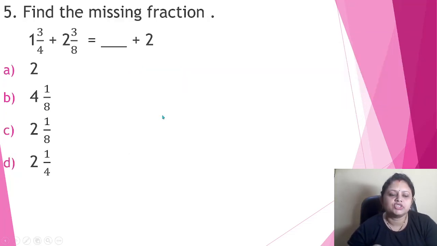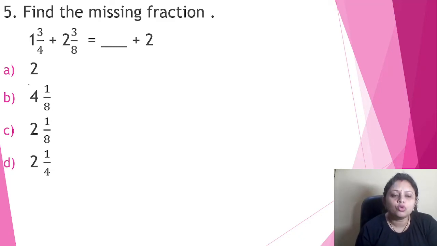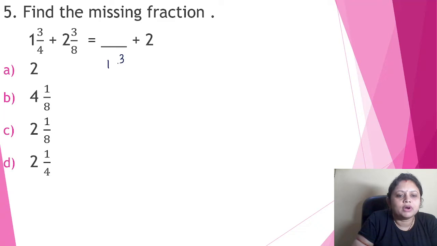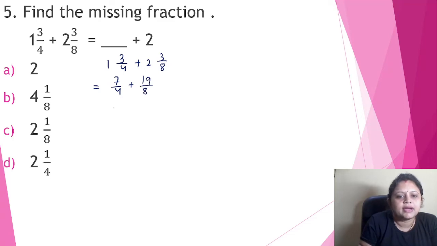Find the missing fraction. 1 whole 3 by 4 plus 2 whole 3 by 8 is equal to dash plus 2. So option A 2, B 4 whole 1 by 8, C 2 whole 1 by 8, D 2 whole 1 by 4. So we have to find 1 whole 3 by 4 plus 2 whole 3 by 8. So first we have to convert it into the improper fraction. So it will be 7 by 4 plus 19 by 8.